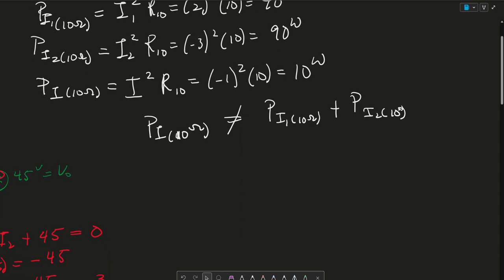And the reason they're not equal is because the linearity property does not apply to power.